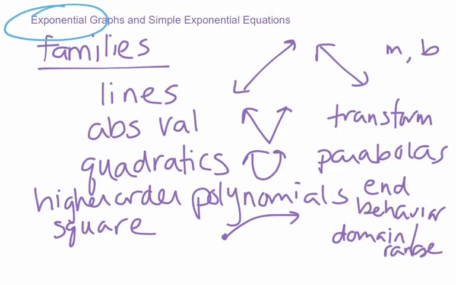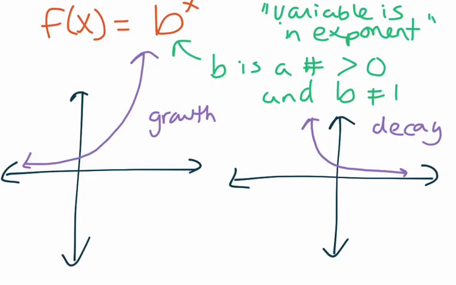So you should be able to match lines and absolute values, parabolas. You should be able to match your square roots. I didn't put the word root in there. Go fix that. You should be able to notice a polynomial graph when you see it. And now we can add to that, you should be able to recognize an exponential.